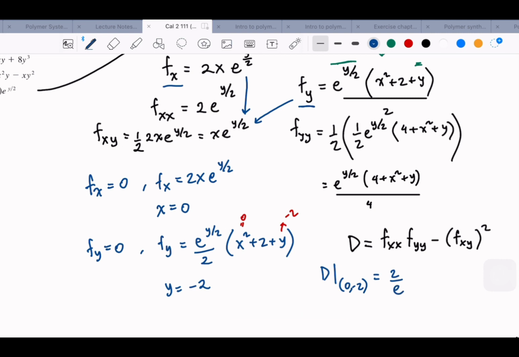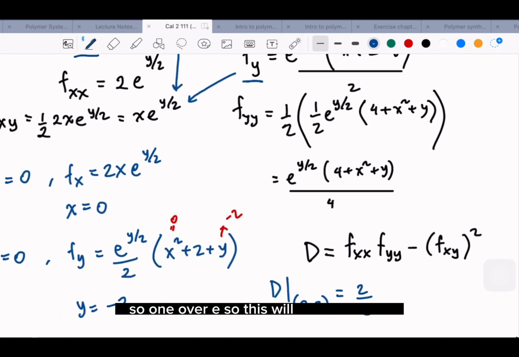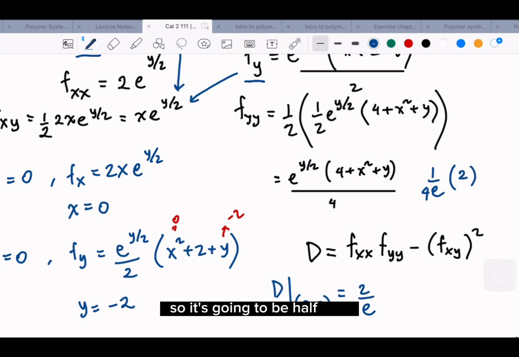Partial yy, taking (0, -2), is 1 over e, so this will be 1 over 2e.